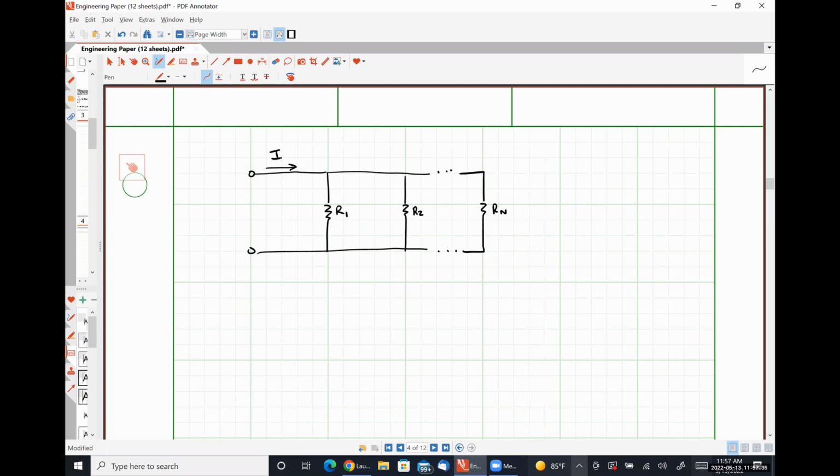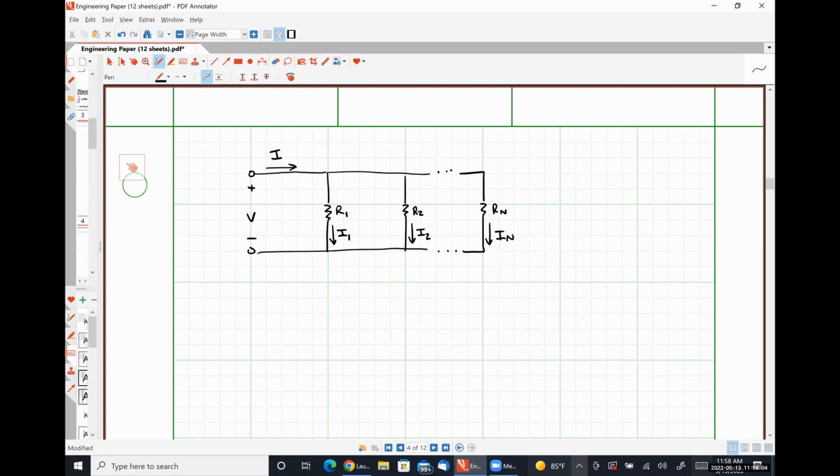Okay. Because all of our resistors are in parallel, they will all share the same voltage. So I'm just going to call that V. And I'm going to designate the current flowing down through resistor R1 as I1, the current flowing down through resistor R2 as I2, and the current flowing down through resistor Rn as In.